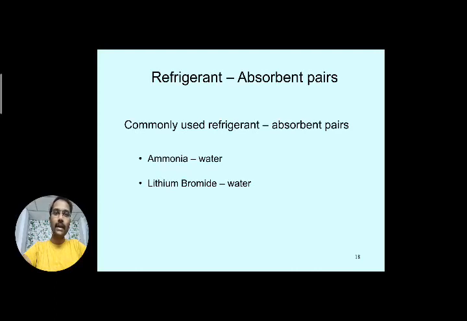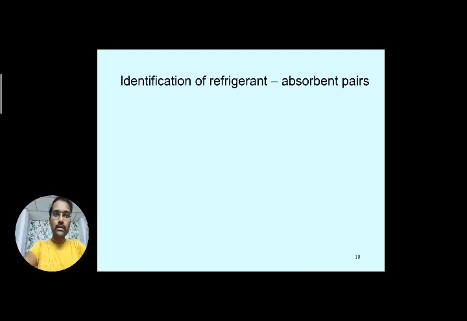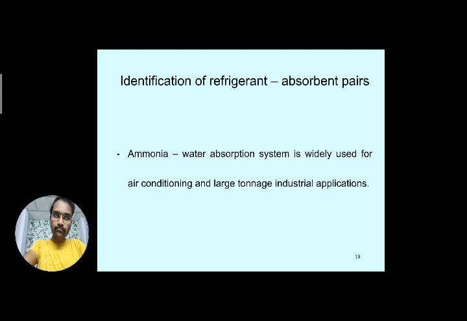Water will act as a refrigerant and lithium bromide will act as an absorbent. Depending on the application, it may change depending on the concentration. Those two are the mostly used pairs. Ammonia and water is mostly used as the refrigerant and absorbent pair. The next one is the lithium bromide and water pair.